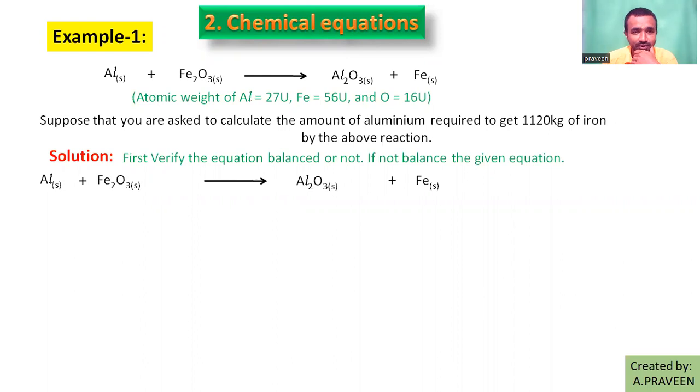Write 2 before aluminium. Don't say "2 into aluminium", it is not multiplication. Okay, 2 before aluminium, written. Next, 2 before iron. Any other? Now verify: is it balanced or unbalanced?